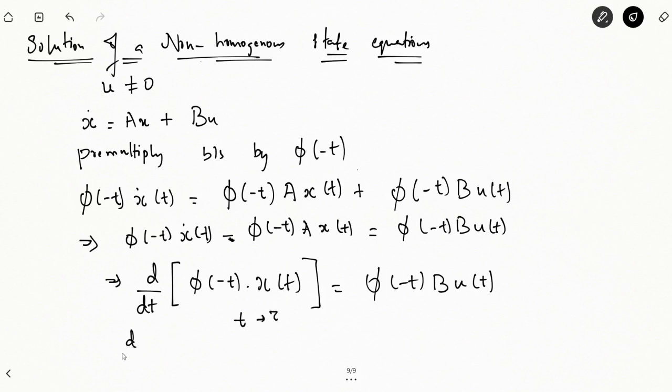So this means d by d tau of phi of minus tau x(tau) is equal to phi of minus tau B u(tau).